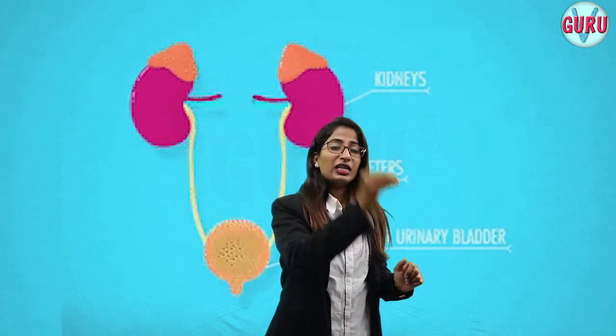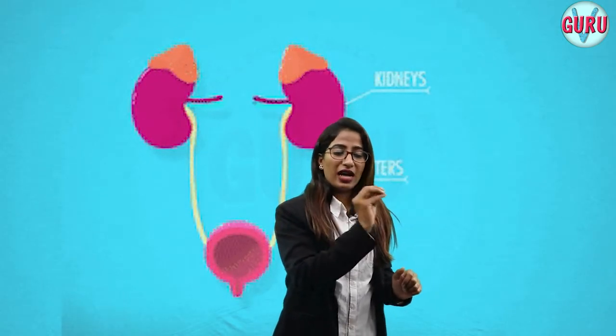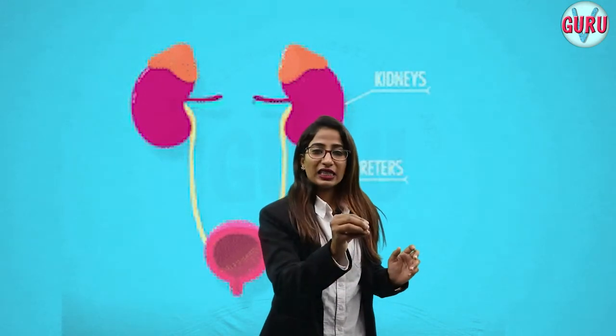From there, it enters into the ureter. From the ureter, it passes into the urinary bladder, which acts as a storage unit. From the urinary bladder, it will be excreted out through the urethra.